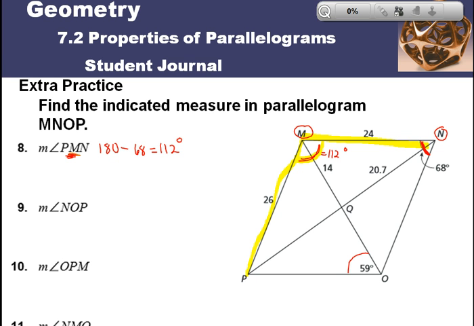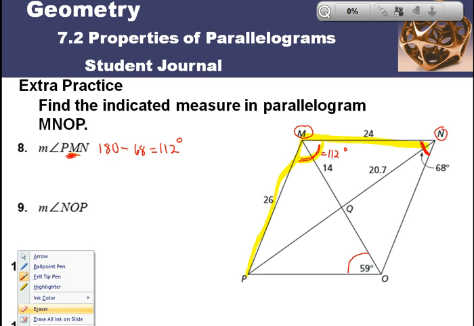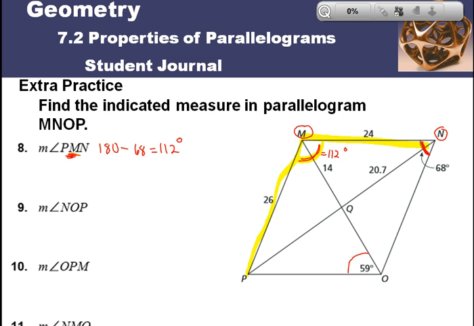Okay, great. So another pen color. We'll go with the purple. We're looking for NOP. And NOP is this big angle right here.